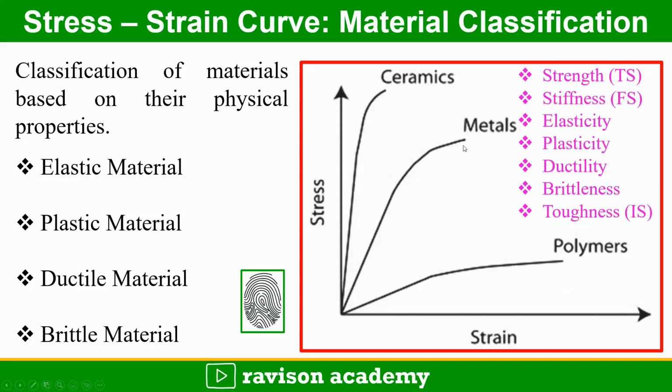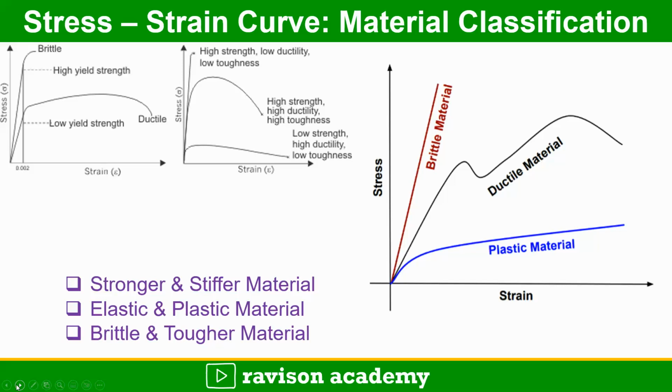Ductile materials have medium, moderate strength with high toughness. So from the stress strain curve, we can classify whether the material is stronger or stiffer, whether it is an elastic or a plastic material, a ductile or a brittle material, or a tougher material.